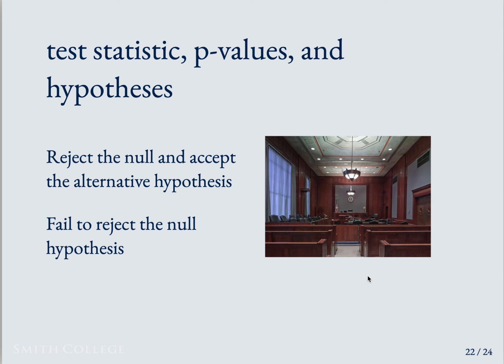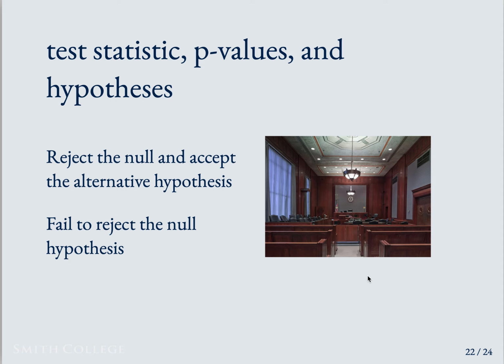So with the court example, someone is not guilty. You can't prove that they're innocent. You can only say that you don't have enough evidence to say that they're guilty. And so you render them continuing to be not guilty. Similarly, we can reject the null hypothesis and accept the alternative, right? We could say that someone is guilty because we feel we have enough evidence to say that.